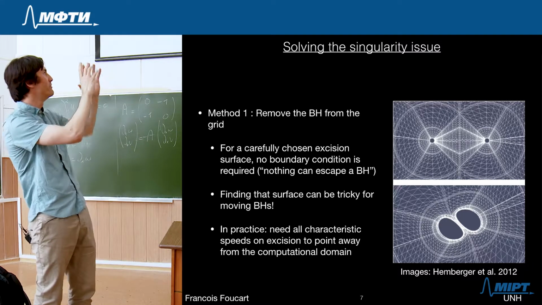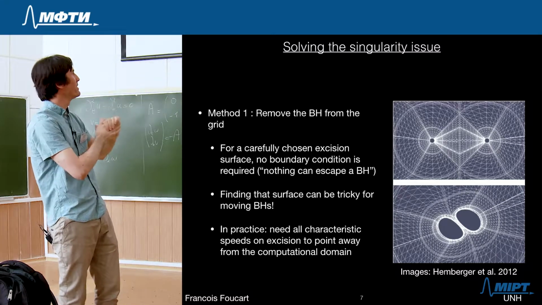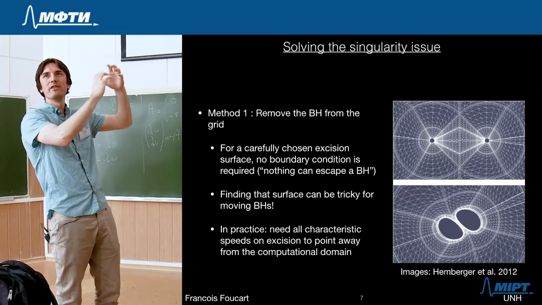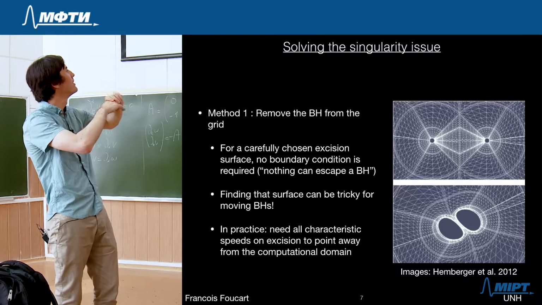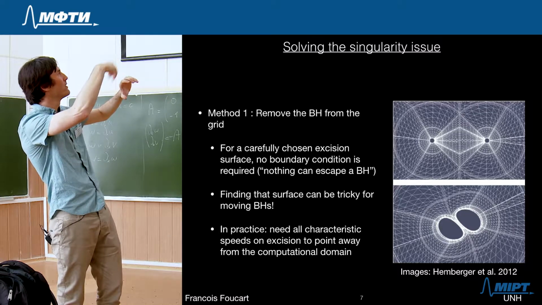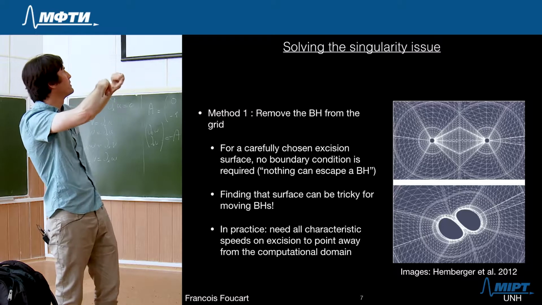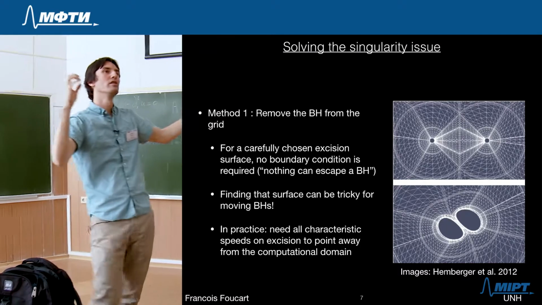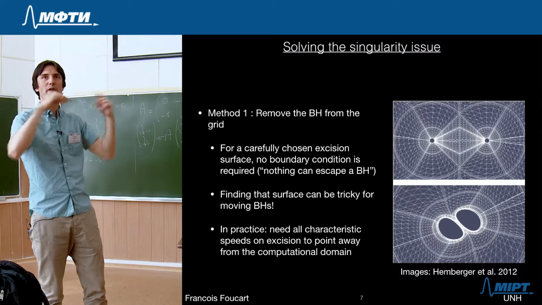So you actually have to choose that excision surface very carefully, and there's a lot of work that went into that, so that it is as close to the horizon as is possible, so that all information, all of the characteristic modes of those equations fall into the excised region. But that's the general idea: you remove the black hole from your simulation, and you count on the fact that you don't need to know what's happening inside because all of the information is falling in.